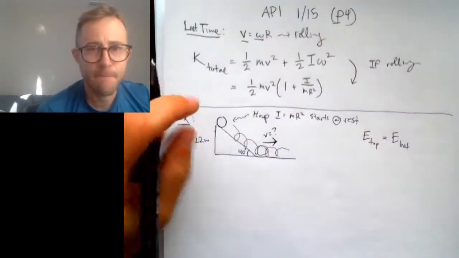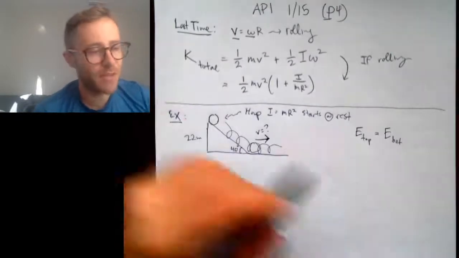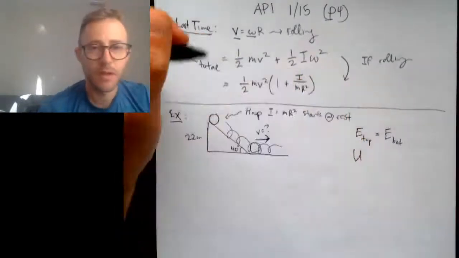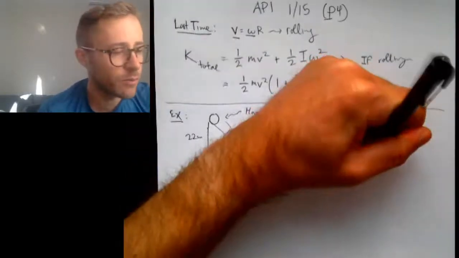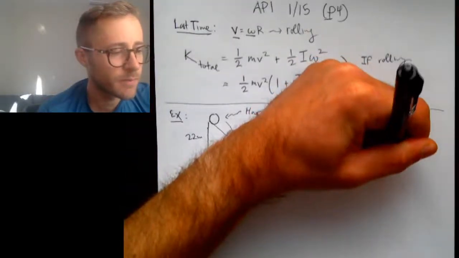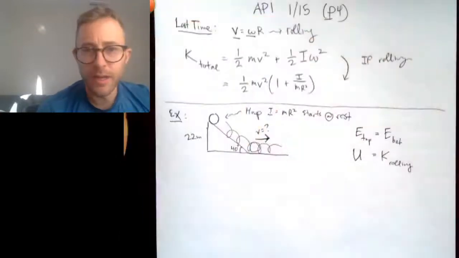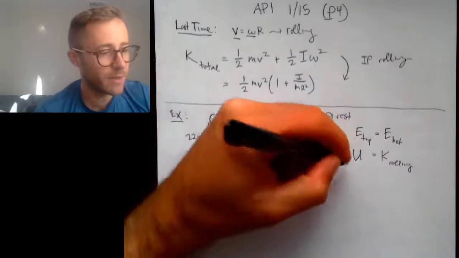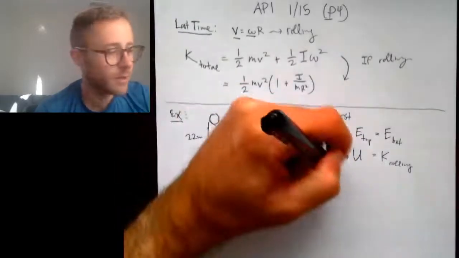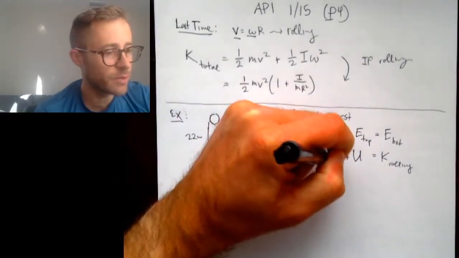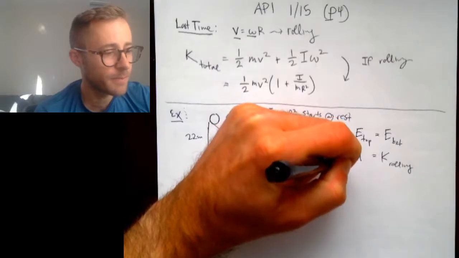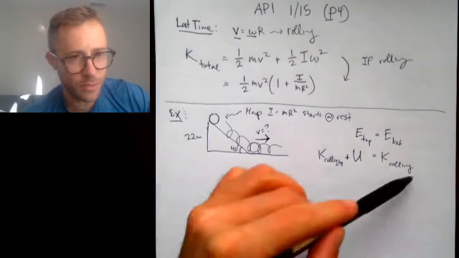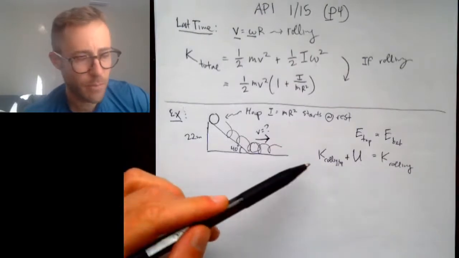At the top, we have potential energy. And at the bottom, we have rolling kinetic energy. Now, if this hoop had been moving at the top of the hill, we would have an extra term on the left-hand side for the kinetic energy of rolling at the top.